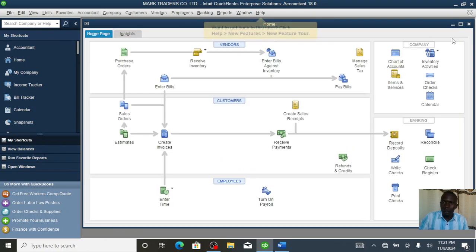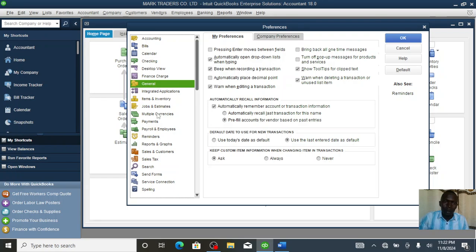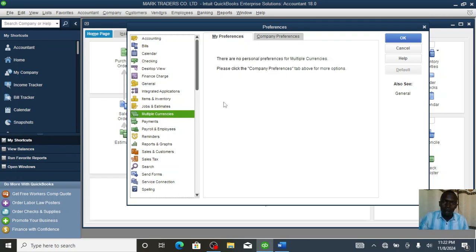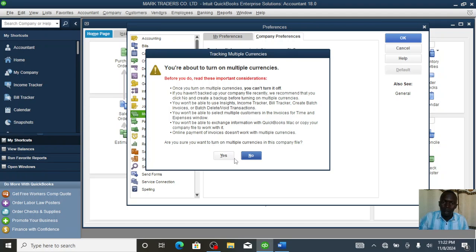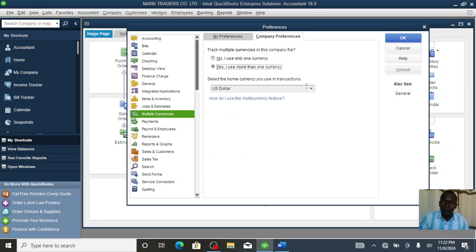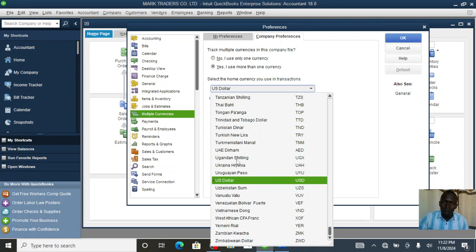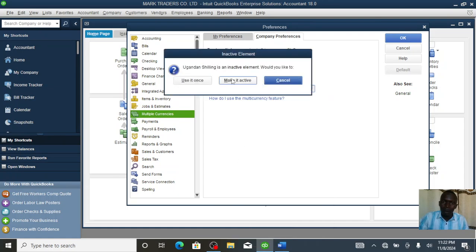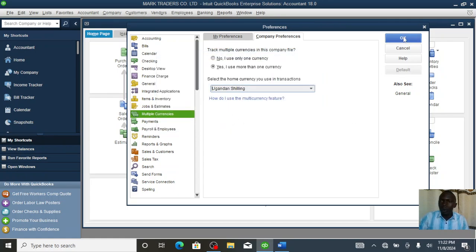We cancel this. Since our reporting currency is UGX, we go to edit, go to preferences, we choose multiple currencies, company preferences, we use more than one currency. Yes, go here, we choose more currencies, then we put UGX, we make it active, and then yes.